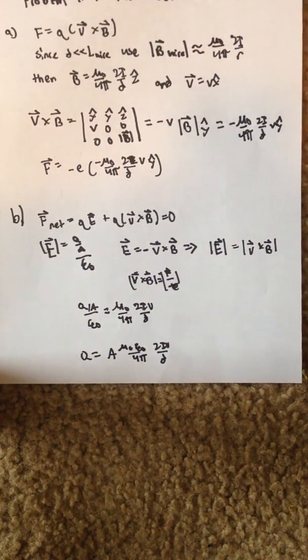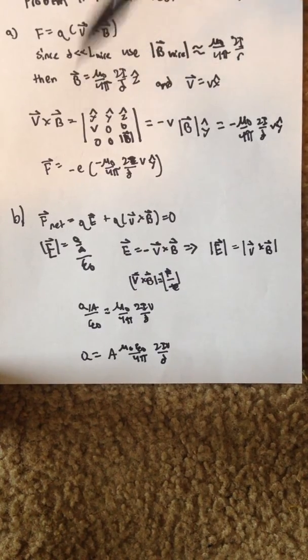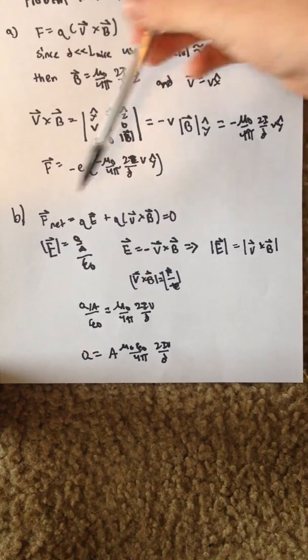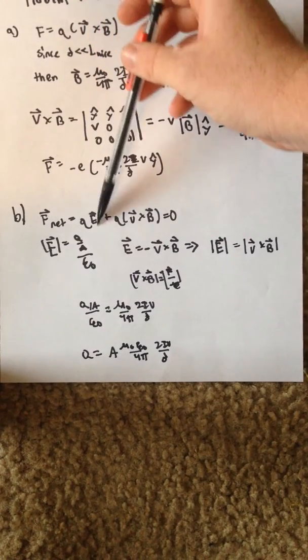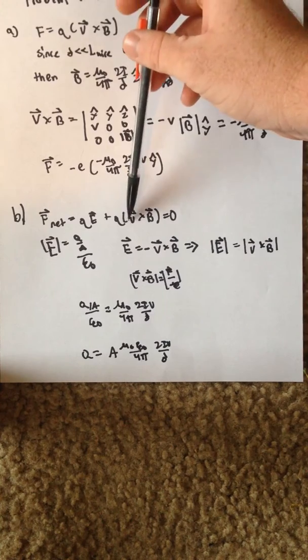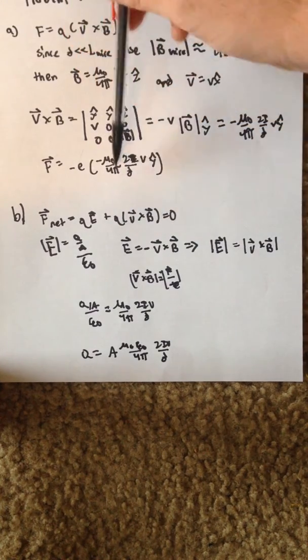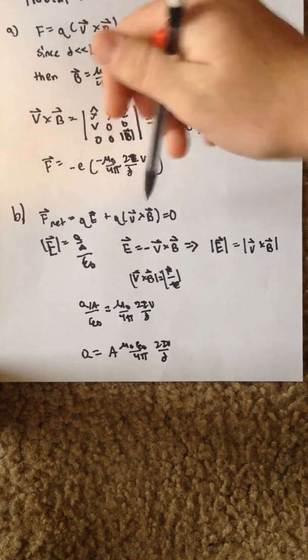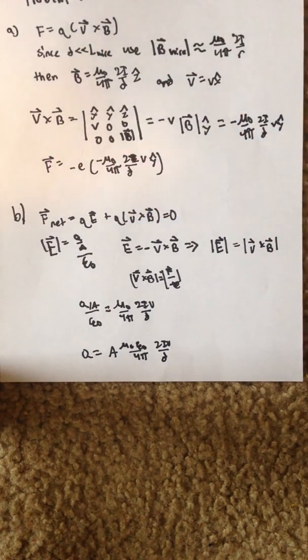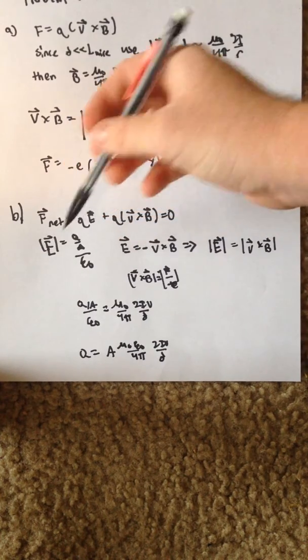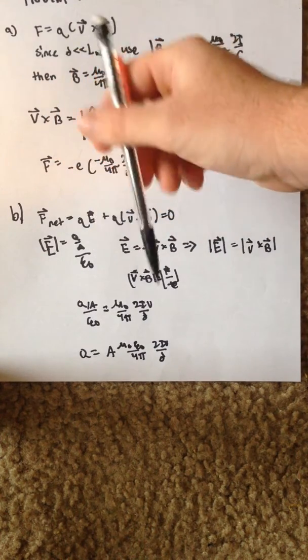And there's your force. Part B asks us to find the net force. So now we need to find the force of the electric field. The net force is equal to Q E plus Q V cross B, which we already found in part A, and is equal to 0. Oh yeah, sorry, it wants us to find the charge.